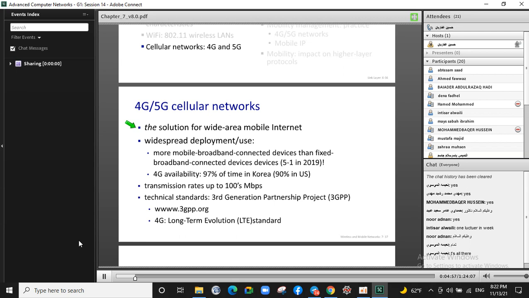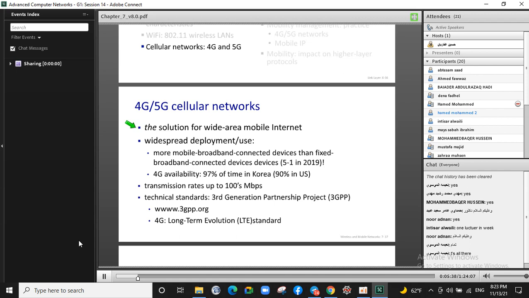Cellular technology today is deployed widespread, in most places in the world. If you look at, for example, Cisco statistics, Cisco has a special service for prediction on network statistics. You can search and find it easily over the internet.